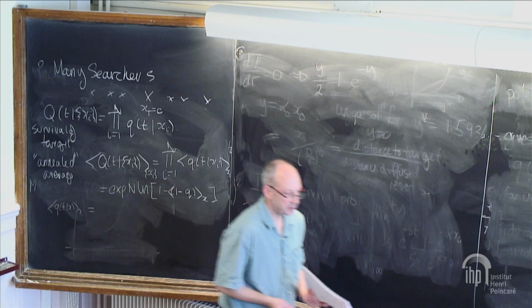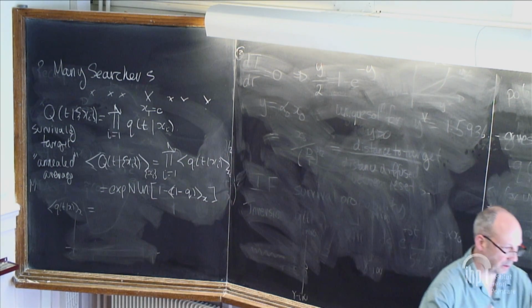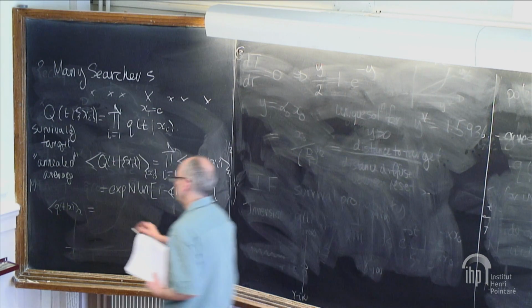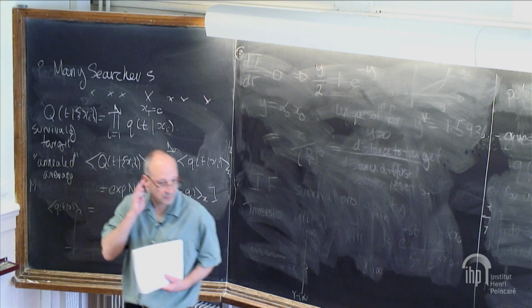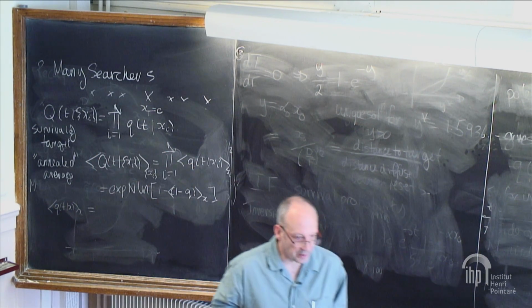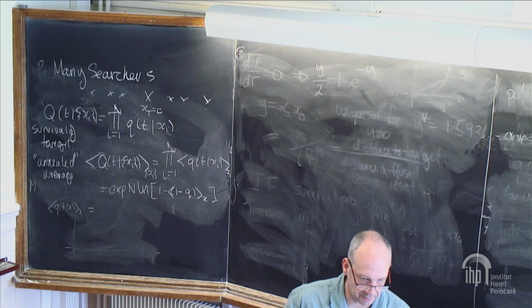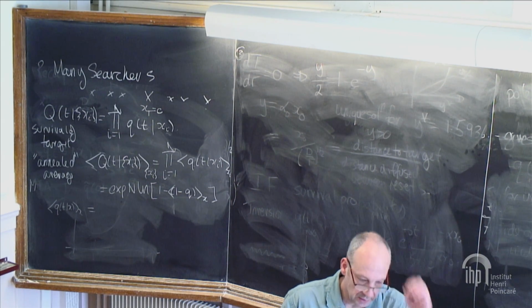Remember, I'm assuming that I've got this window of size L, and the position is uniform in the window. The initial position is the same as the resetting position. I've made that just to simplify things.